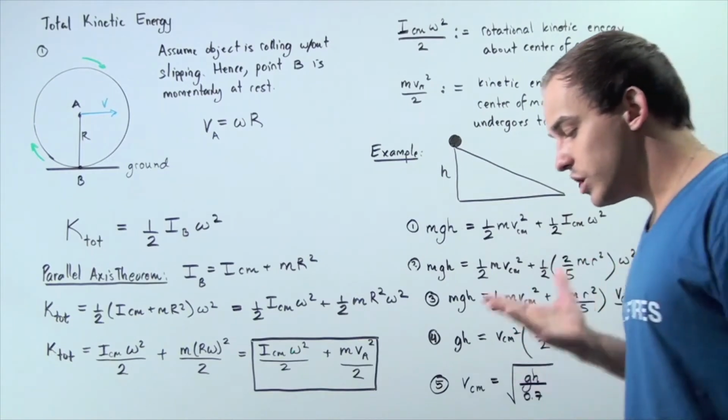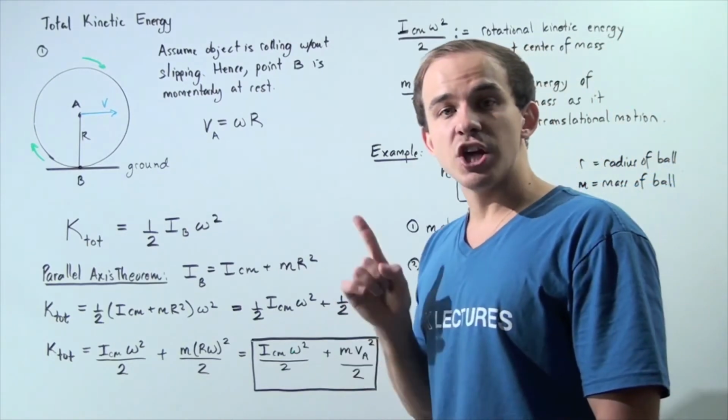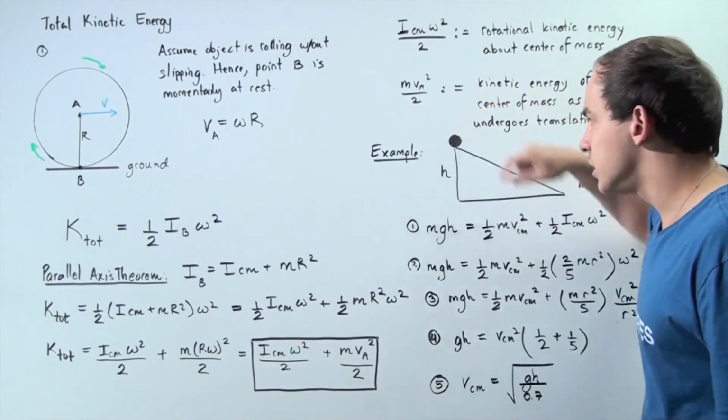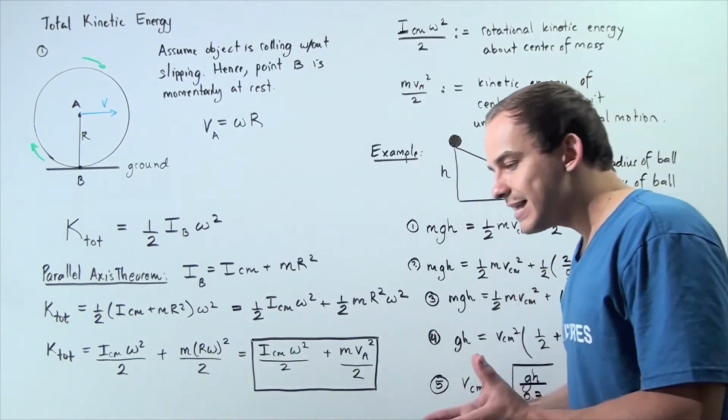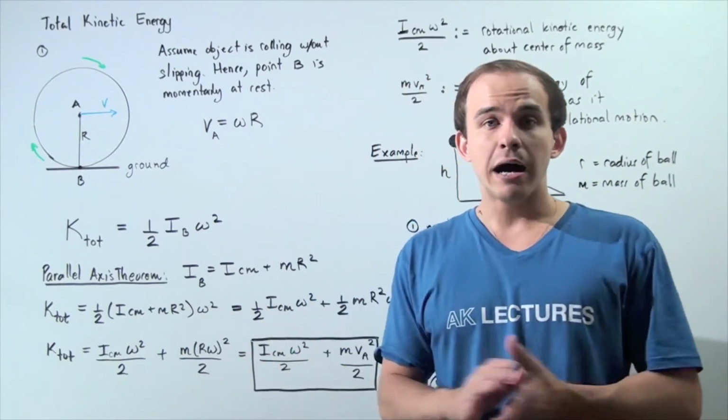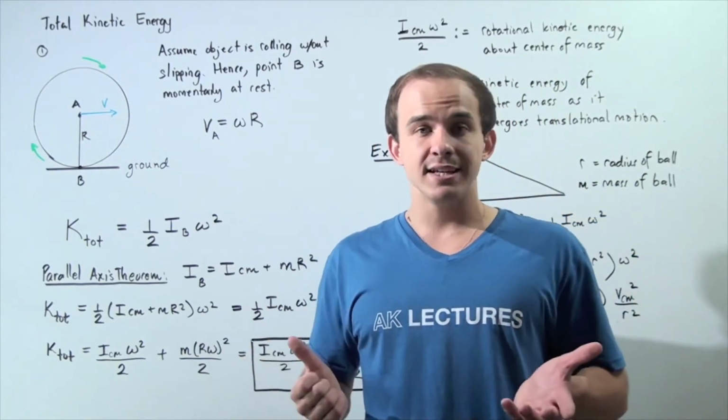So we're going to use the conservation of energy as well as this equation. Initially, our object only has gravitational potential energy because initially the object isn't moving. Its velocity is 0.